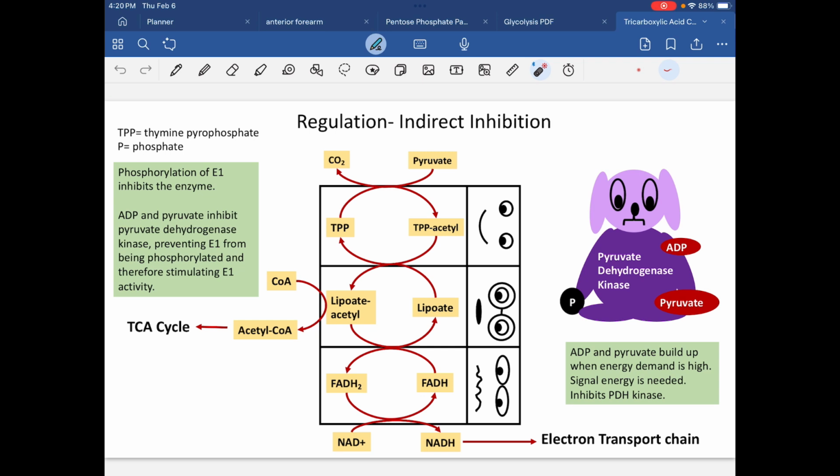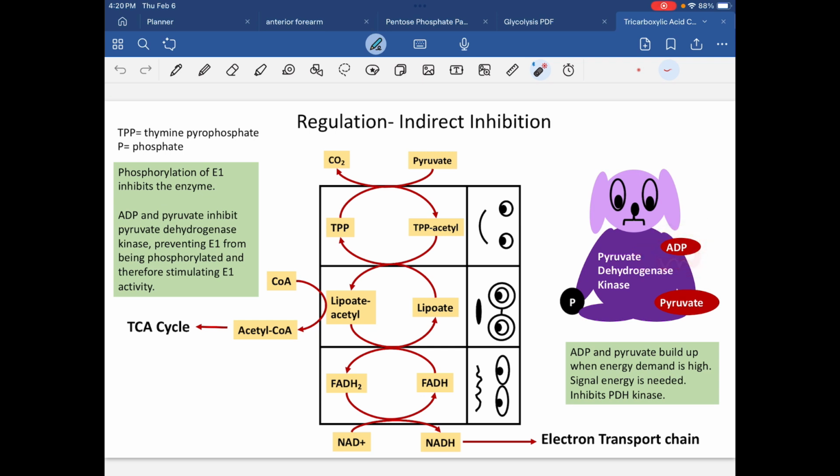In an opposite manner, ADP and pyruvate can bind to the same enzyme as before, and that's going to dephosphorylate enzyme 1. Opposite idea of what we were talking about before. These are what I'm going to, for a lack of a better term, call the reactants.